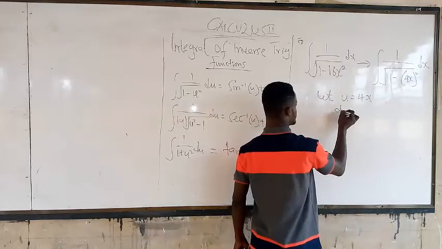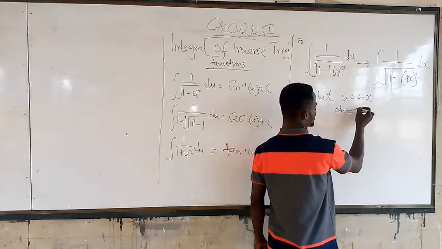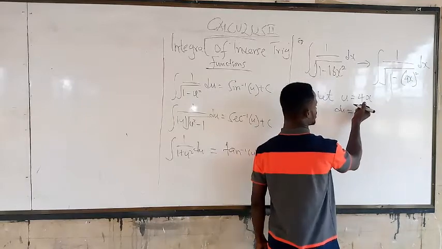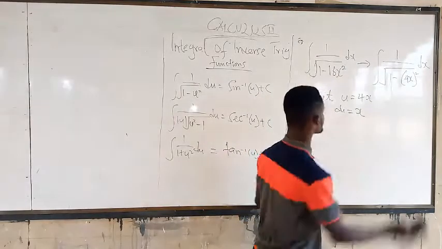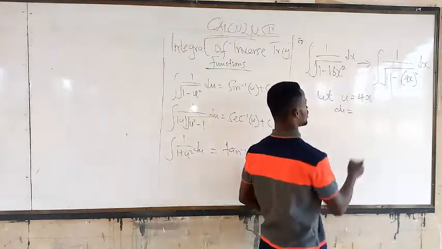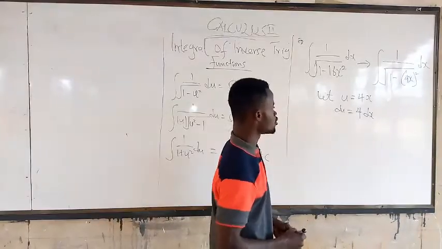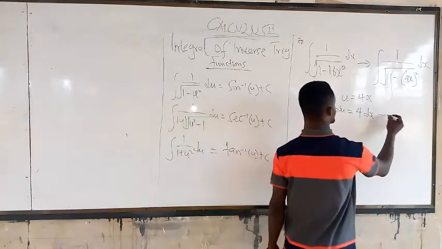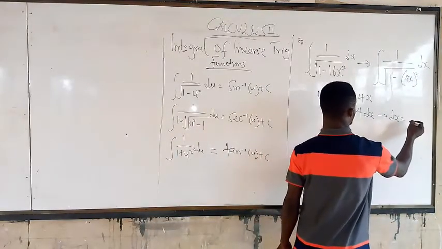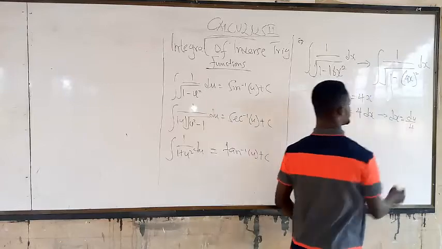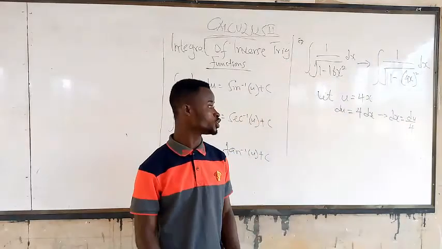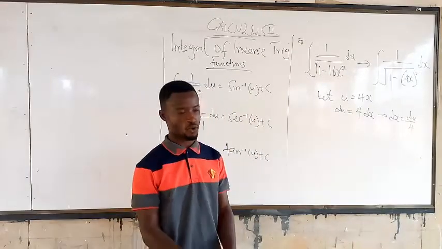So we can let u be equal to 4s. And when you differentiate that, you are going to get du equals 4 ds. Okay, so now what is ds? ds is going to give you du over 4.